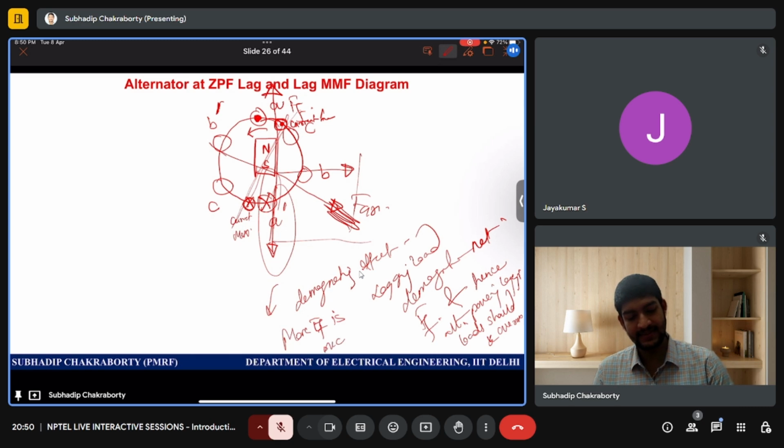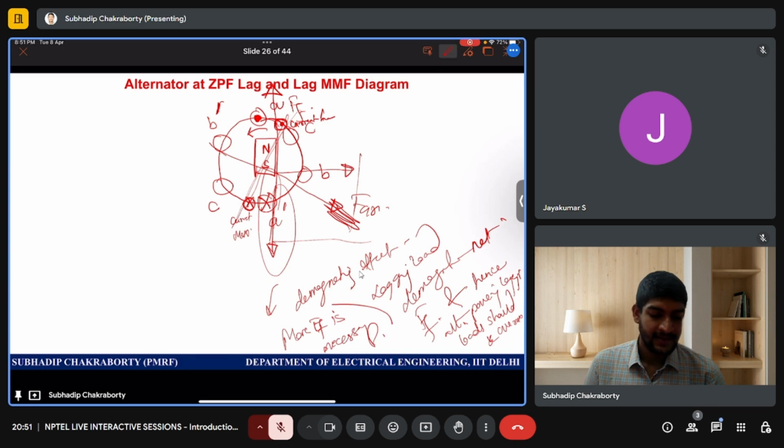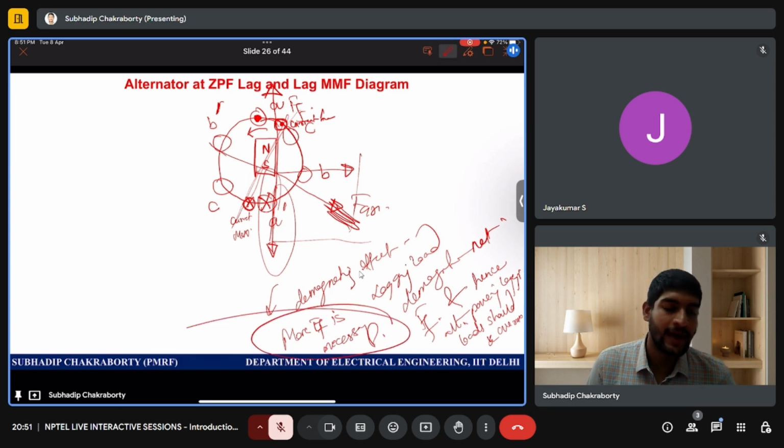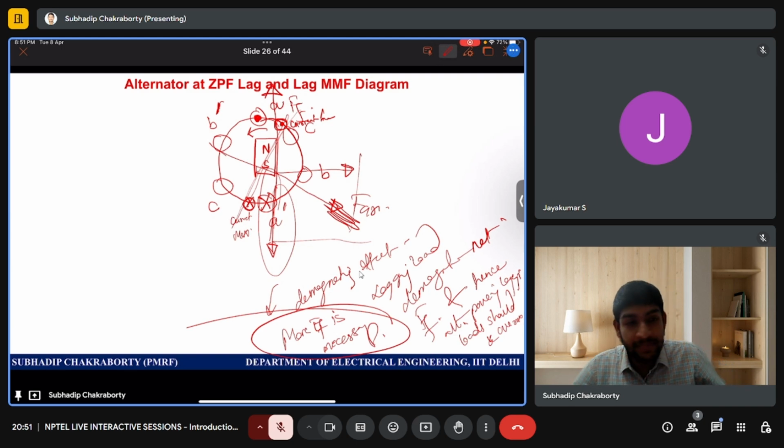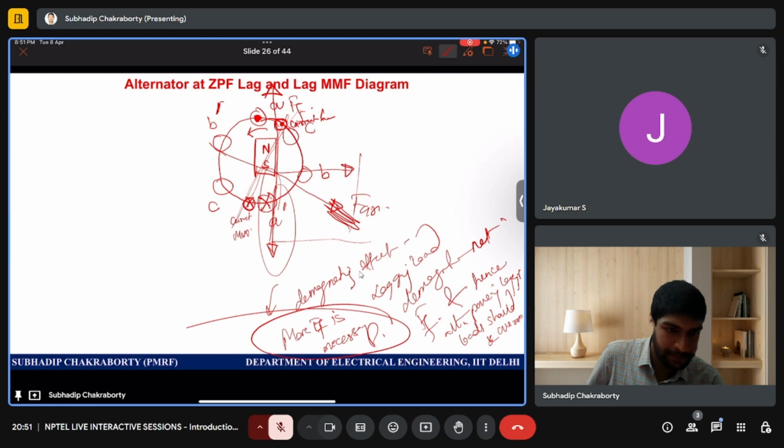Means more excitation is necessary to compensate for that armature reaction, or in other words, for the additional reactive power or excitation requirement by the lagging loads. That means EF should be increased if you want to compensate for that FF drop and still maintain the same induced voltage in the coils.